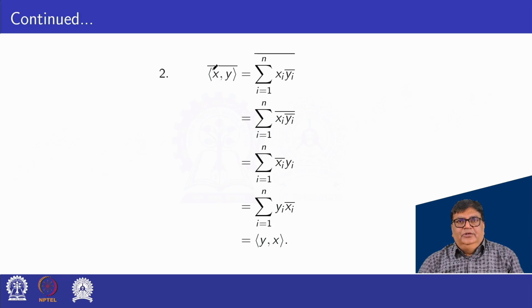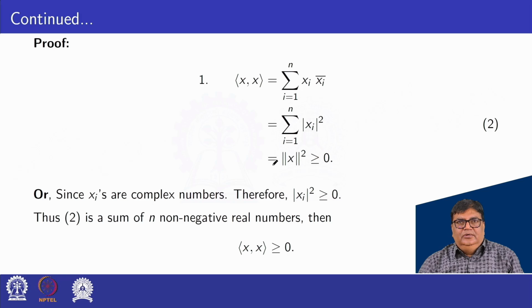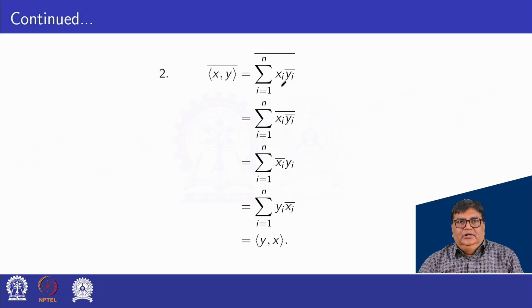Second, we have to prove that the conjugate complex of the inner product of x, y is equal to the inner product of y, x. So here, conjugate complex and inner product. Putting the value of the inner product of x, y from the statement, we can write this as the summation i equals 1 to n of xi yi bar, and total conjugate complex.